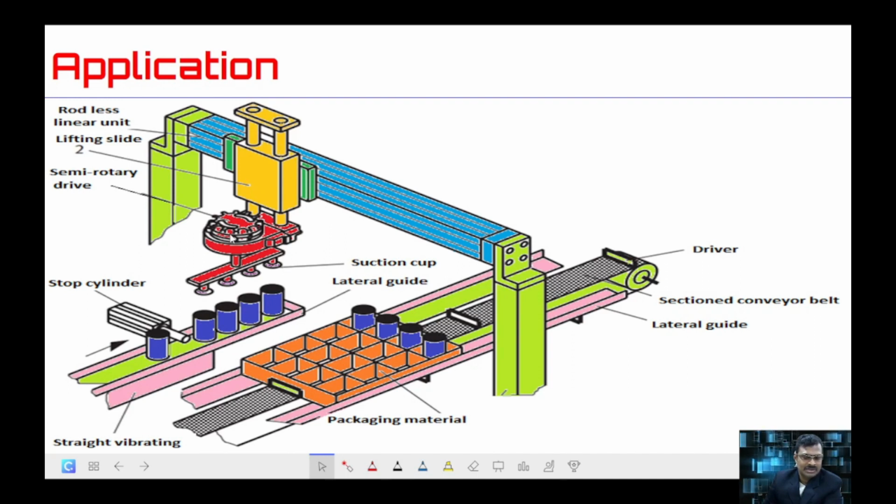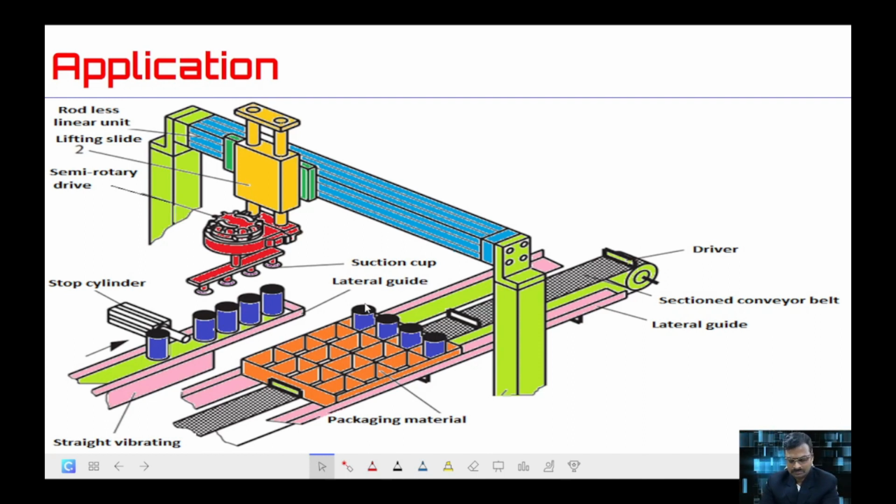We have a semi-rotary actuator, which rotates the object once it is picked from conveyor 1, by 90 degrees or 180 degrees as per the requirement. When it is coming back, the rodless linear unit returns to the home position and keeps the object down. We also have a suction cup which carries the objects using the suction principle. So this is the total description of this circuit or assembly.